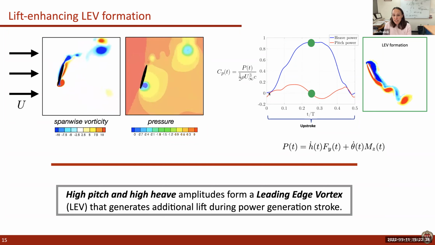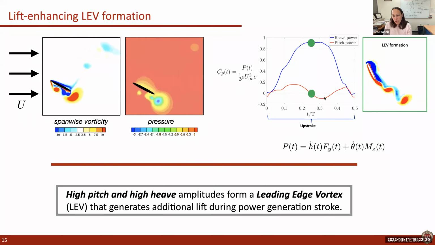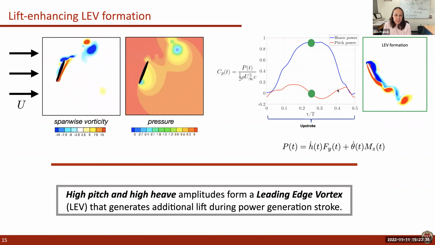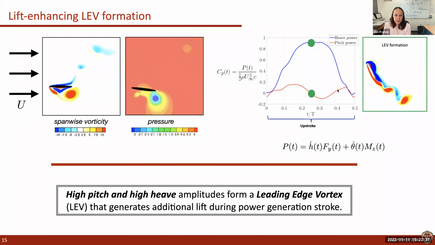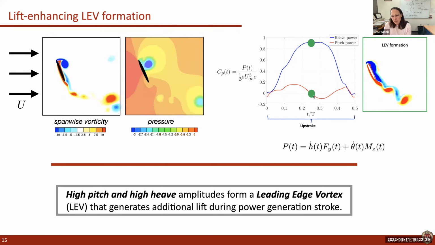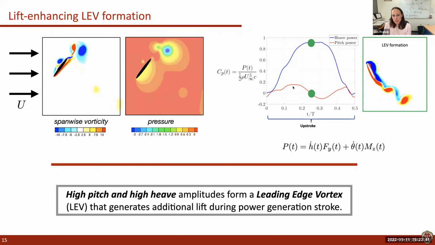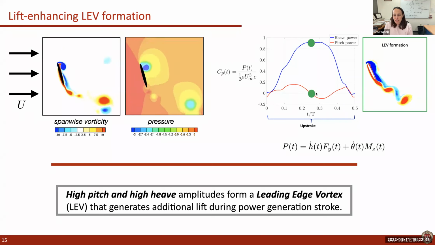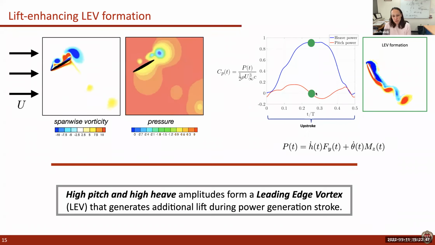You can also see that the pitch power for many of the choices of kinematics that are optimal really does not generate much power at all. It gives us a little bit of positive power and then negative power, and is not producing that much useful power.